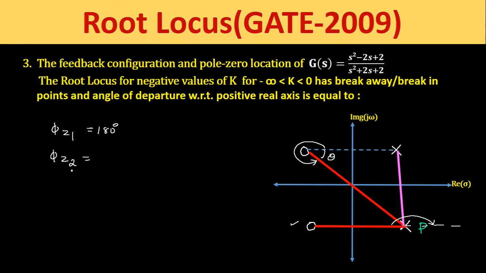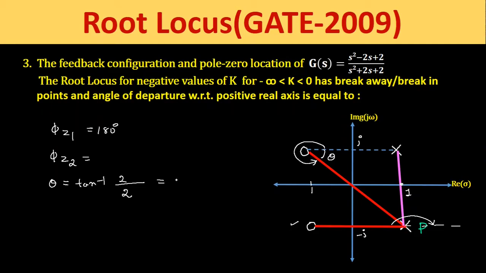In this triangle, theta will be equal to tan inverse of opposite divided by base, that means perpendicular divided by base. Here the length of the perpendicular is 1 plus 1, which gives 2, and the base is also 2, because the magnitude here is 1 and here is also 1.